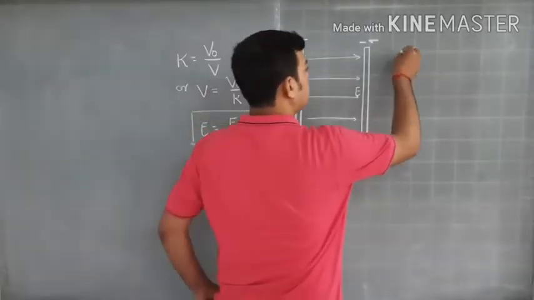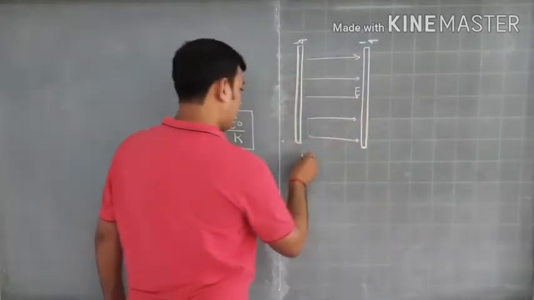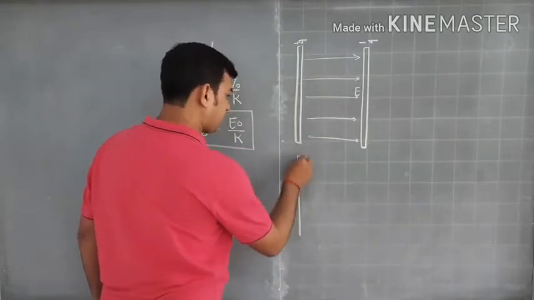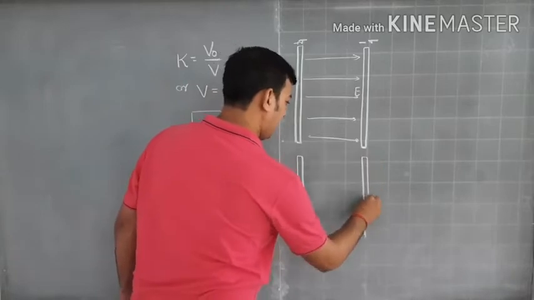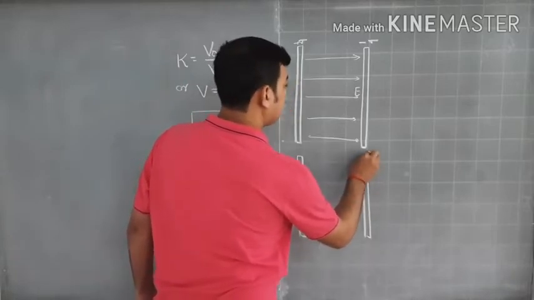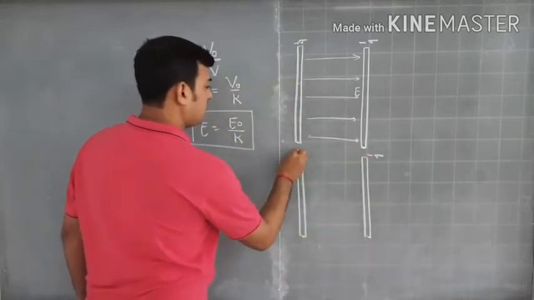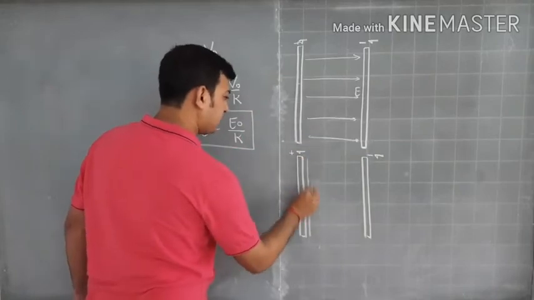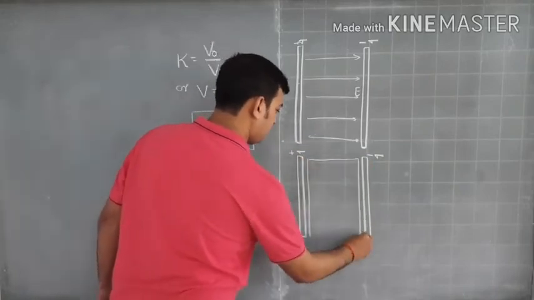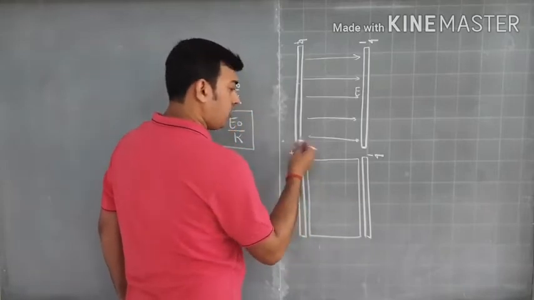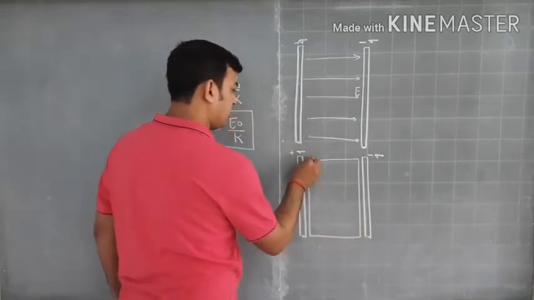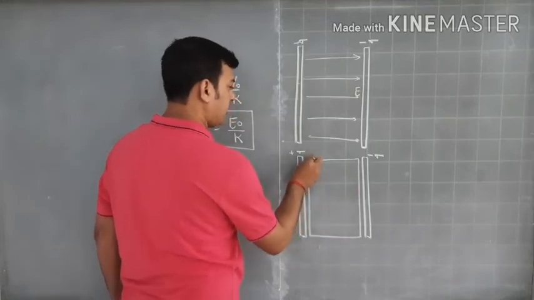What happens? You can see that if I place a dielectric between the plates of this parallel plate capacitor, then the induced charges, or you can say the charge density with opposite polarity, appear.